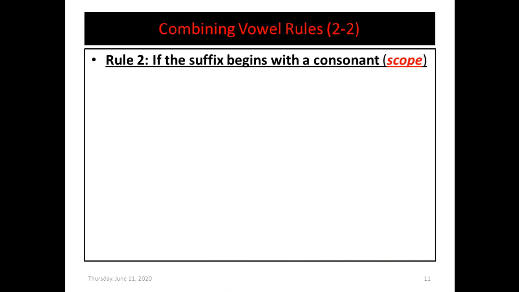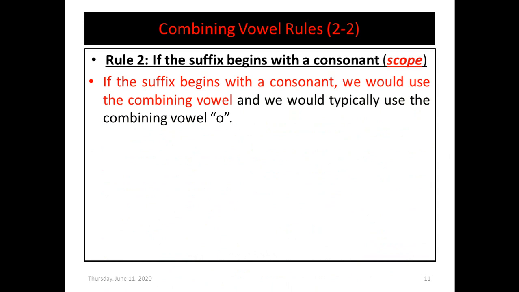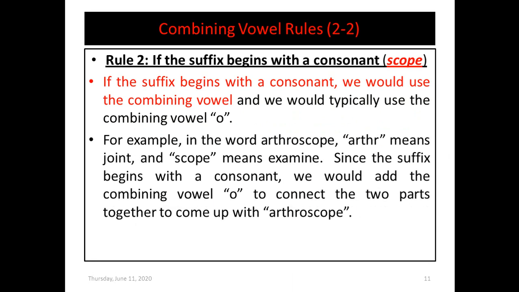Number 2, also the suffix: if it begins with a consonant, like scope, a consonant, we would use a combining vowel, and we would typically use the combining vowel o. For example, in the word arthroscope, arth means the joint and scope means to examine.